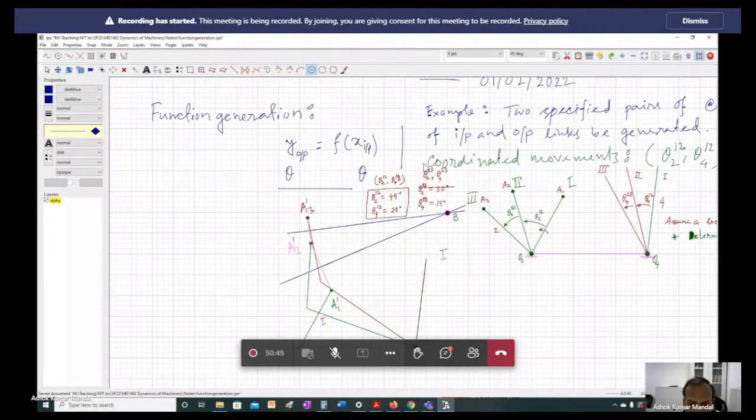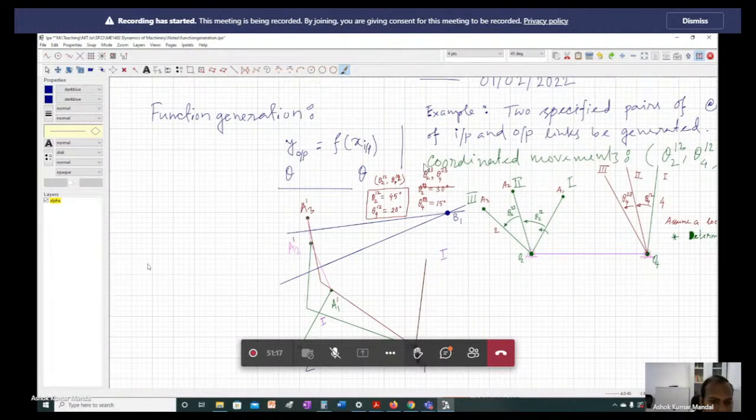Now you see, let us write down everything here. This point is O4, this point is O2, and with respect to position 1, we have drawn everything. That means this is A1, and this is actually B1.